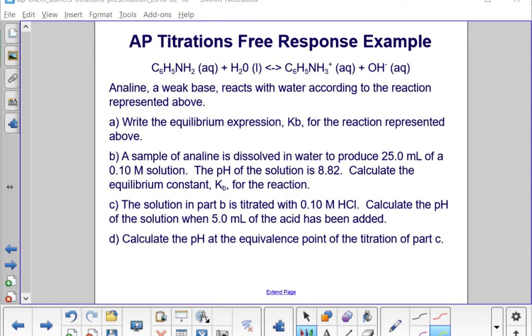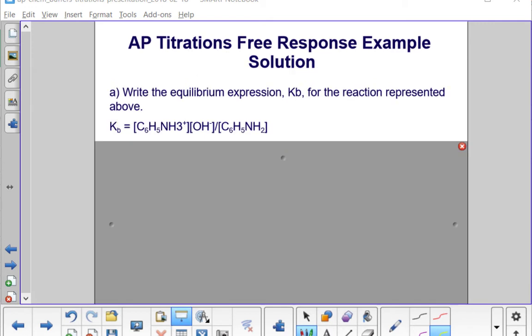Part A, write the equilibrium expression Kb for the reaction represented above. Kb is the concentration of the products, C6H5NH3+ times the concentration of hydroxide, over the concentration of the reactants, C6H5NH2.